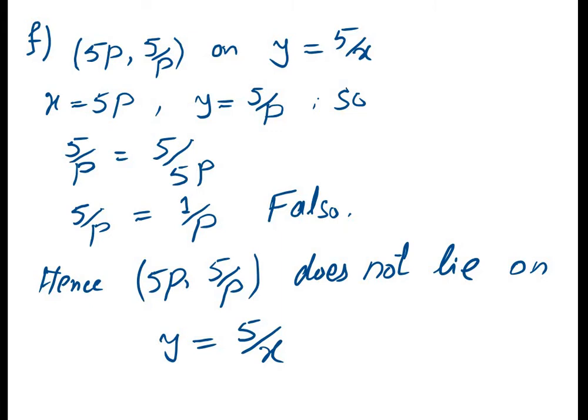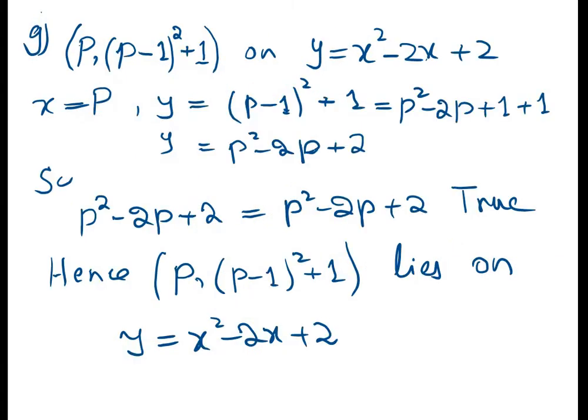Similarly, you can put these points, x is equal to 5p, y is equal to 5 over p, and at the end we get 5 over p is equal to 1 over p, which is not true. So it does not lie on the curve. You can check these ones. You have x is equal to p, y is equal to this one. We open the (a minus b) whole squared formula.